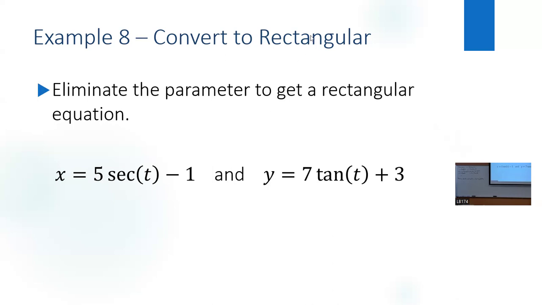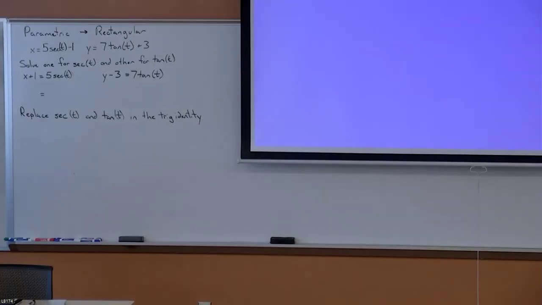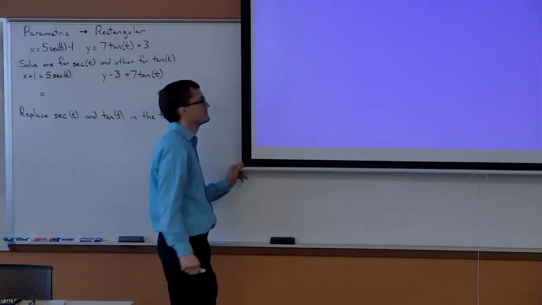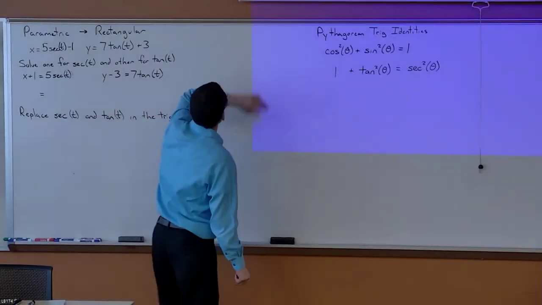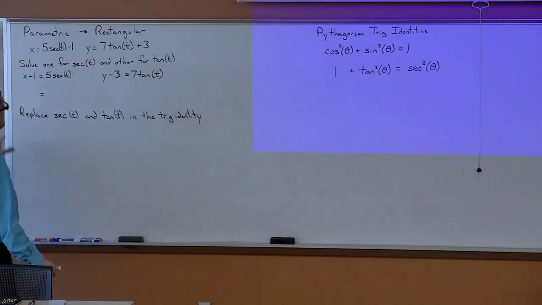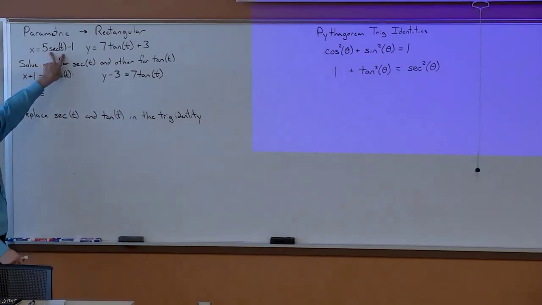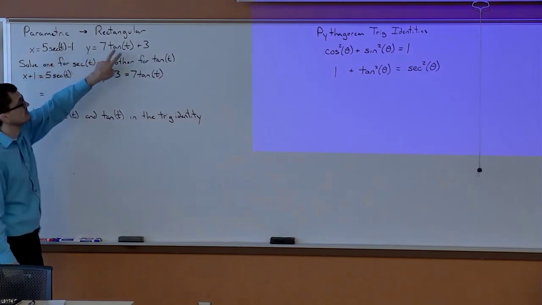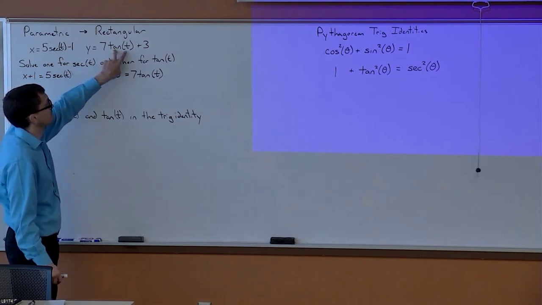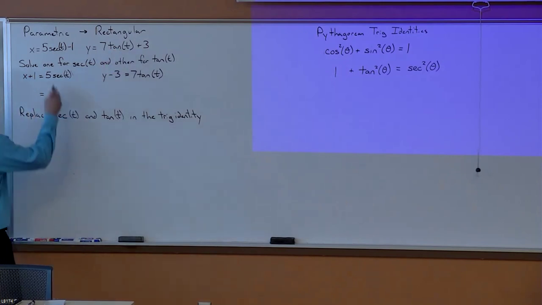All right. Same concept. We're going to solve one for the trig expression secant t. We're going to solve another for the trig expression tangent of t. So for x, I'd add 1 to both sides, and then I'd divide by 5.